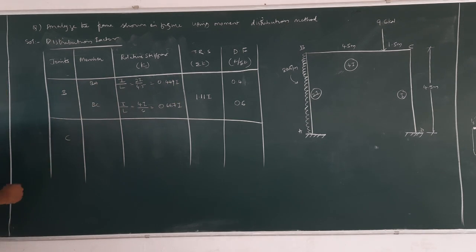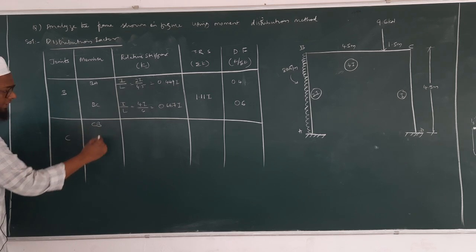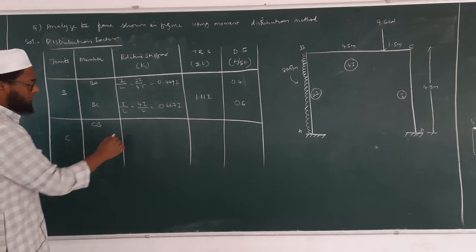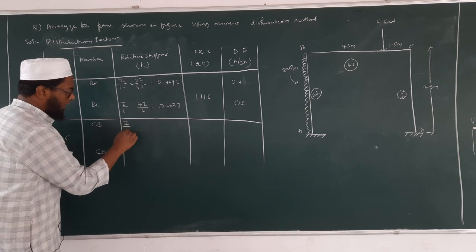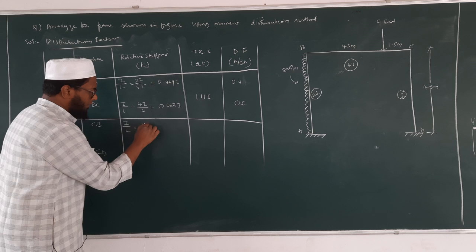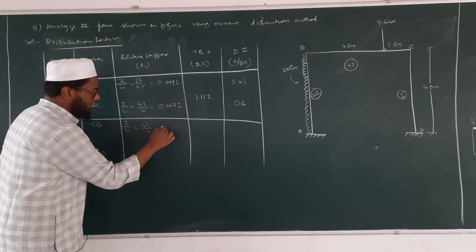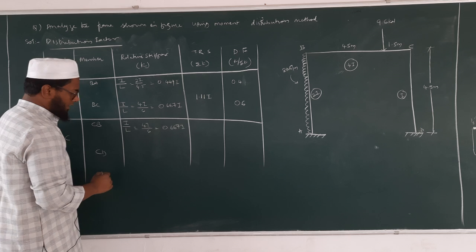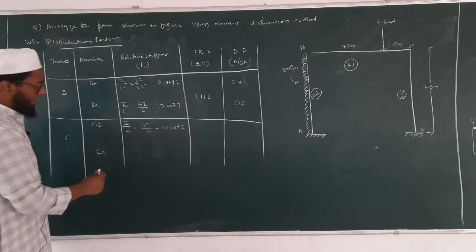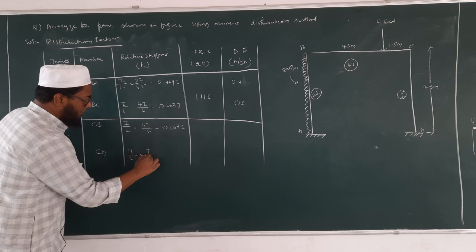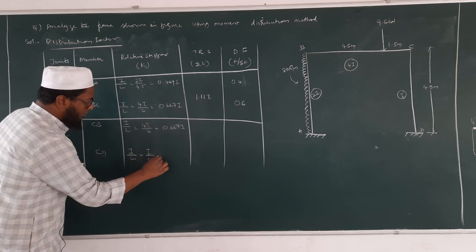Next is C. We have C to B, then C to D. What about C to B? I by L, which is 4I by 6, which is equal to 0.667 I. Next, CD is again I by L, I by 4.5.